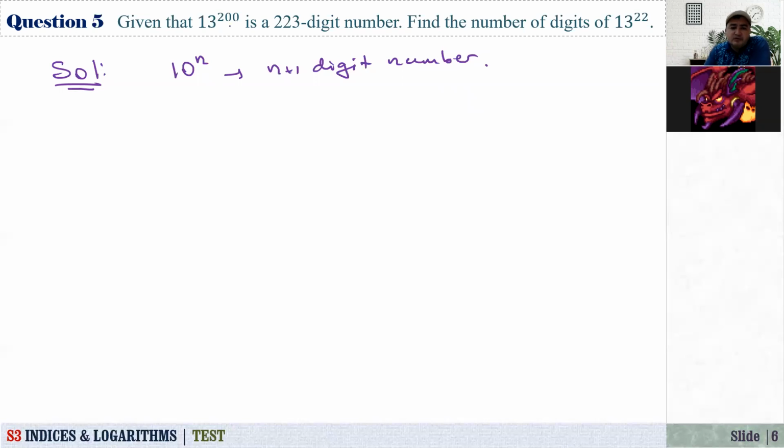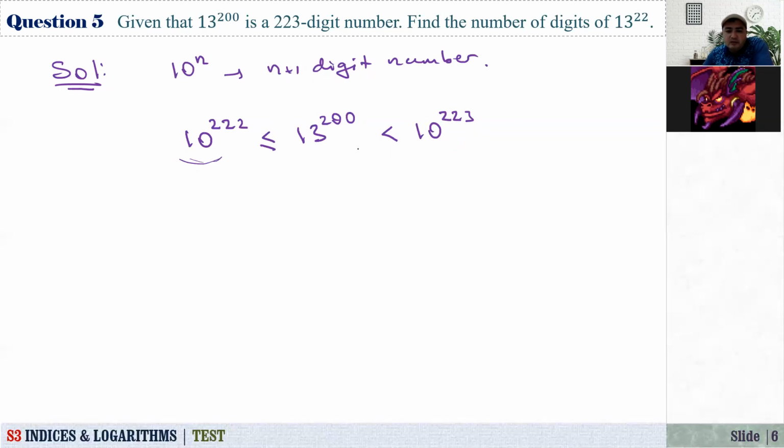Since it says that 13 to the power of 200 is a 223 digit number, that means that 10 to the power of 222 is less than or equal to 13 to the power of 200, because this one is the smallest 223 digit number. So it should be less than the smallest 224 digit number, that is 10 to the power of 223. This 10 to the power of 223 is a 224 digit number.